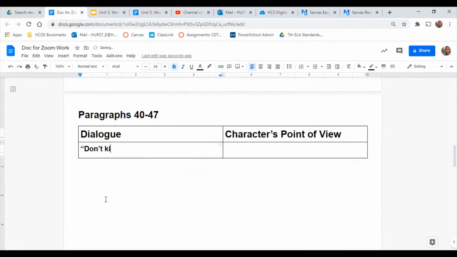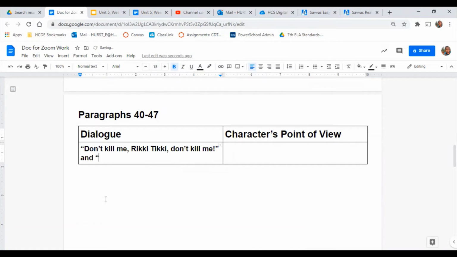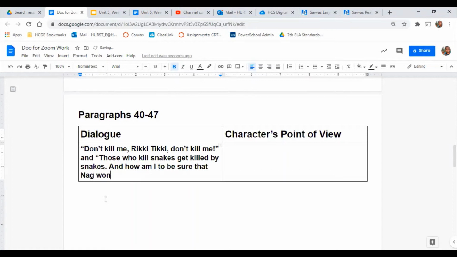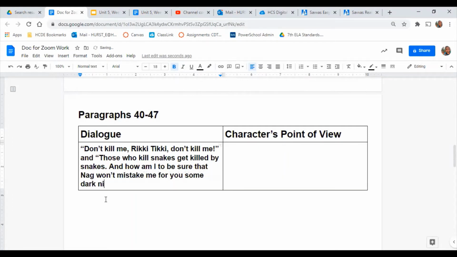So Chuchundra says, "Don't kill me, Rikki Tikki, don't kill me." And Chuchundra says, "Those who kill snakes get killed by snakes. And how am I to be sure that Nag won't mistake me for you some dark night?"